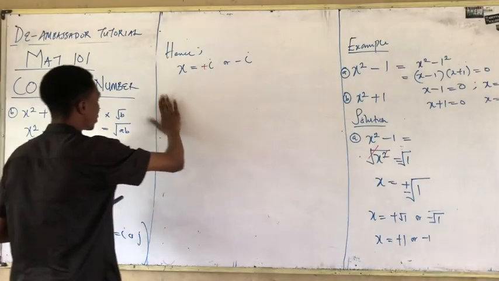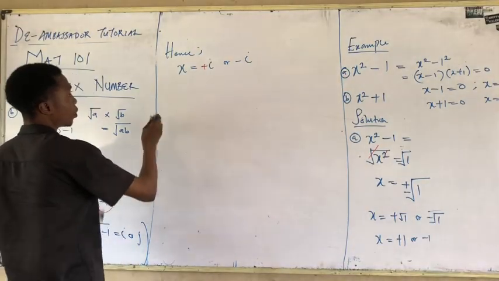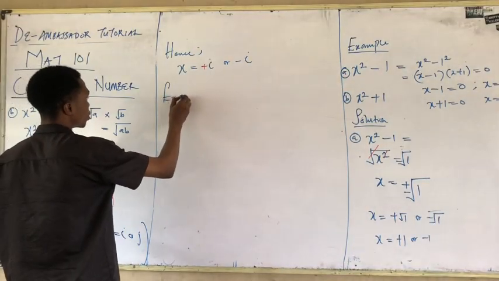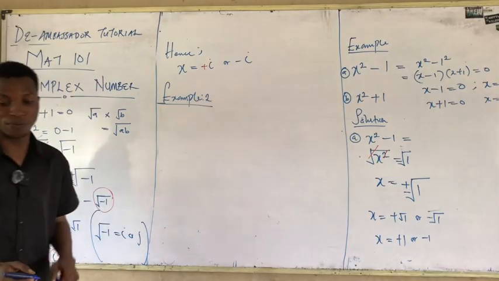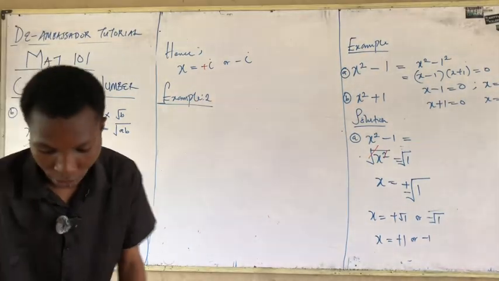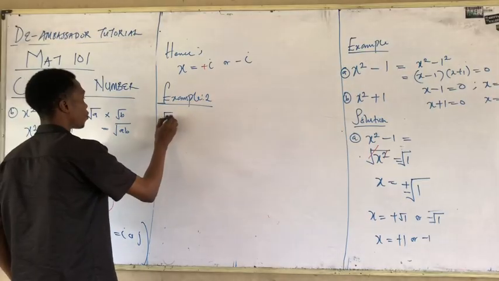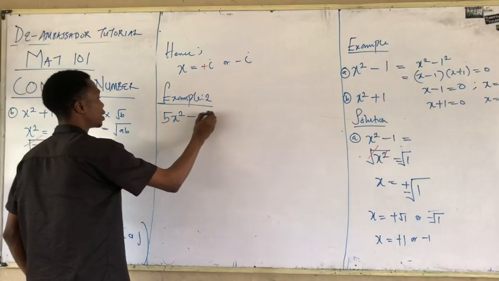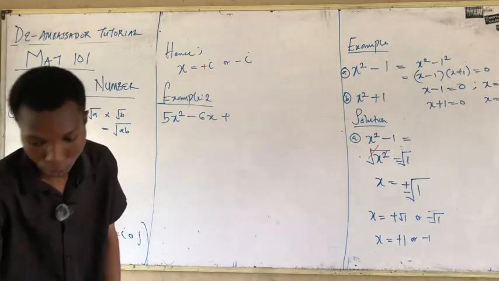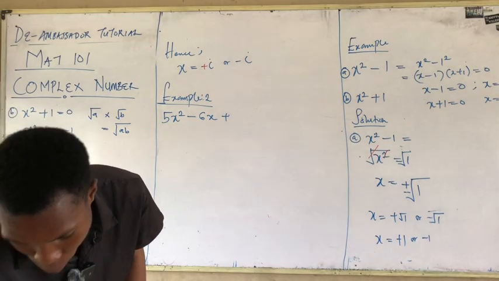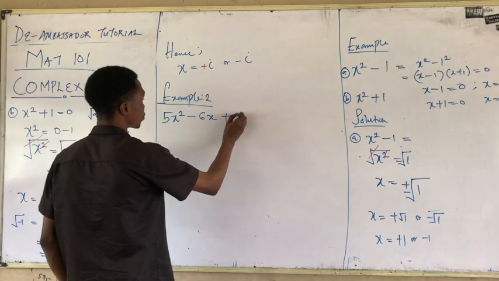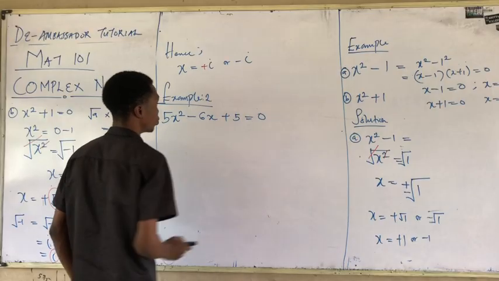Example 2. Let's simplify this quadratic equation. It says 5x squared minus 6x plus 5 equals 0.